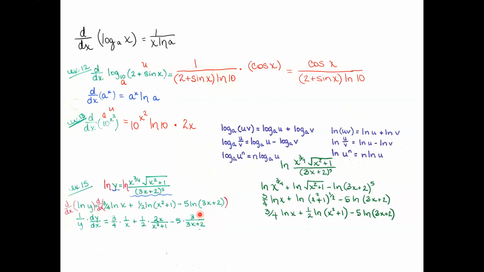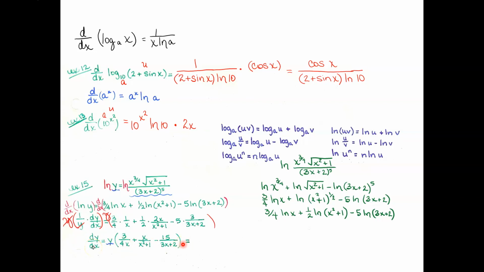All right, so now I need to get dy dx by itself. So to do that, I'm going to multiply both sides by y. So on the left-hand side, I would just have dy dx. And on the right-hand side, I am multiplying by y. So if we clean this up just a little bit, you can see we could combine a few things here. I've got the derivative of y in terms of x is equal to this. But here's the problem.